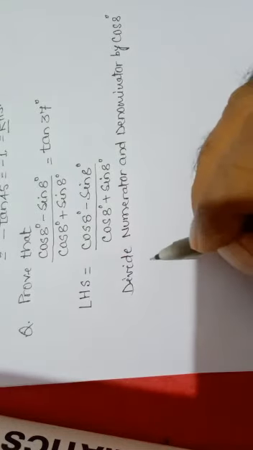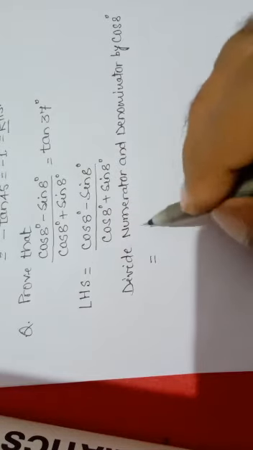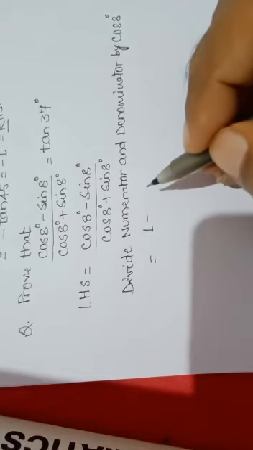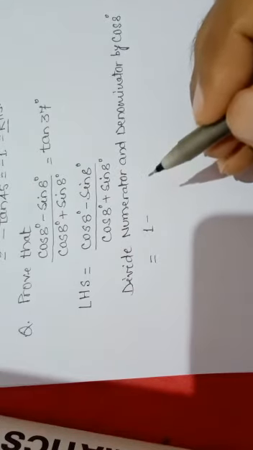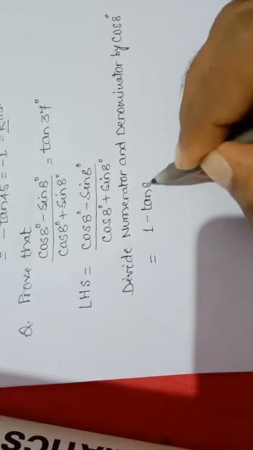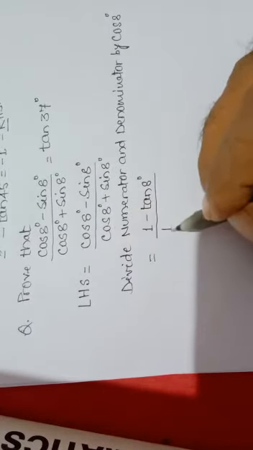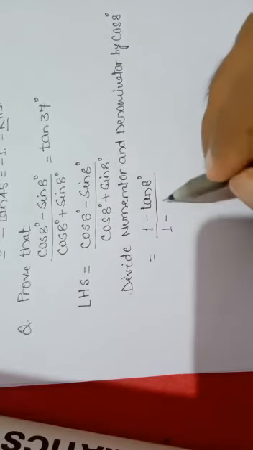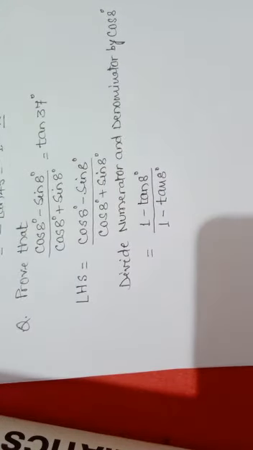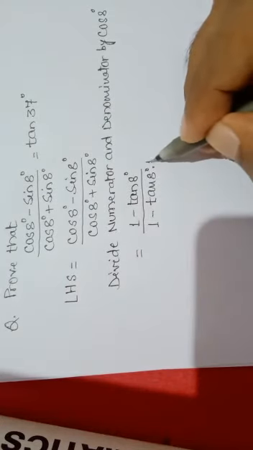Then our LHS, the first term cos 8 degree divided by cos 8 degree will be 1 minus sin 8 degree by cos 8 degree. This would be tan 8 degree. Similarly, in denominator, cos 8 degree by cos 8 degree is 1 plus tan 8 degree. Here, in denominator, tan 8 degree should also be written as tan 8 degree into 1.